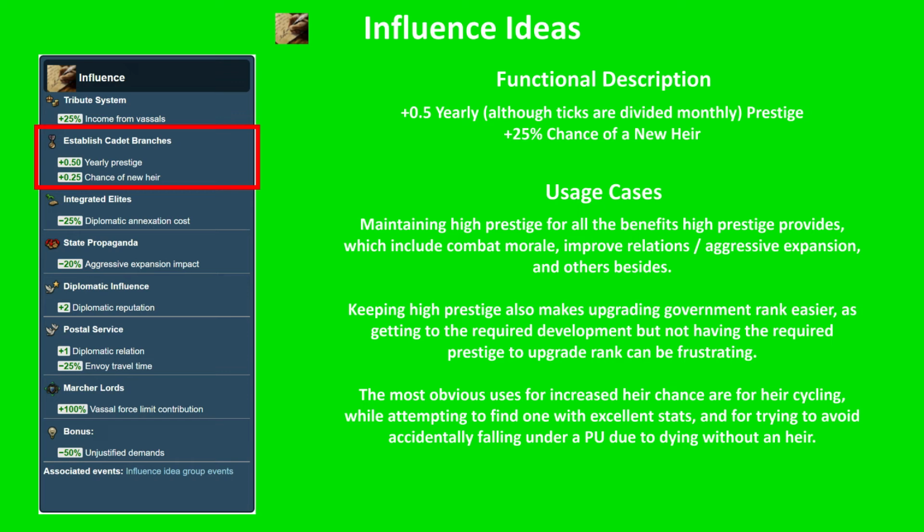It also helps prevent you from accidentally falling under a personal union due to dying without an heir. However, there is a slight downside in that if you're purposely trying to import someone else's dynasty, the bonus to getting new heirs can actually be a bit of a detriment.